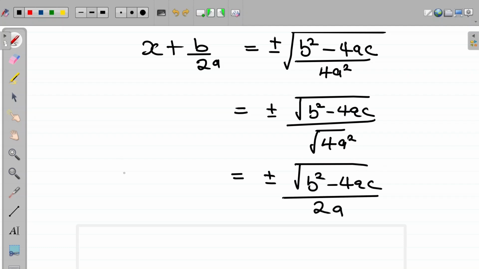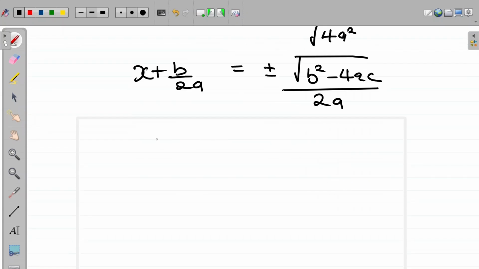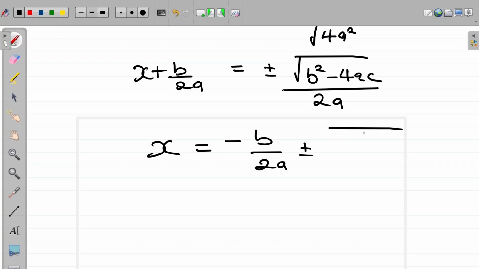And we bring down the expression in our left-hand side. So we have x plus b divided by 2a. Now to make x our subject, we move b divided by 2a to the right-hand side. We have that x is equal to minus b divided by 2a plus or minus root of b squared minus 4ac divided by 2a.